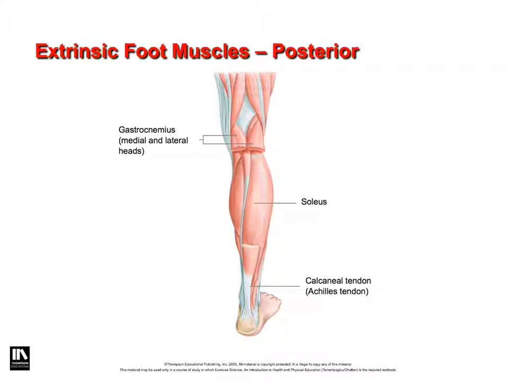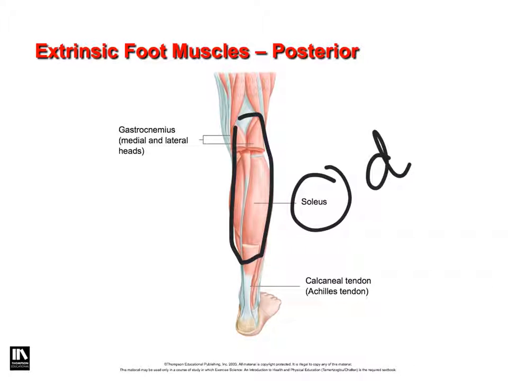On the back, the big muscle going all the way down is your gastrocnemius, and then beneath it, or deep, is your soleus. This is your deep muscle, and it gets its name because it looks like the sole fish. The big tendon, or the Achilles tendon down the back, is called your calcaneal tendon.